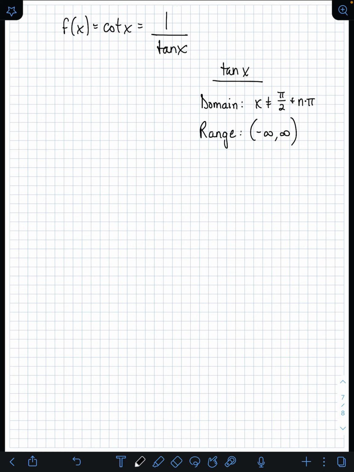So once again, what we're going to see for cotangent here is that the reciprocal of literally any value out there is going to give us, again, any value out there. But, like sine and cosine, the range of tangent includes 0. There are angles where the tangent value is 0.